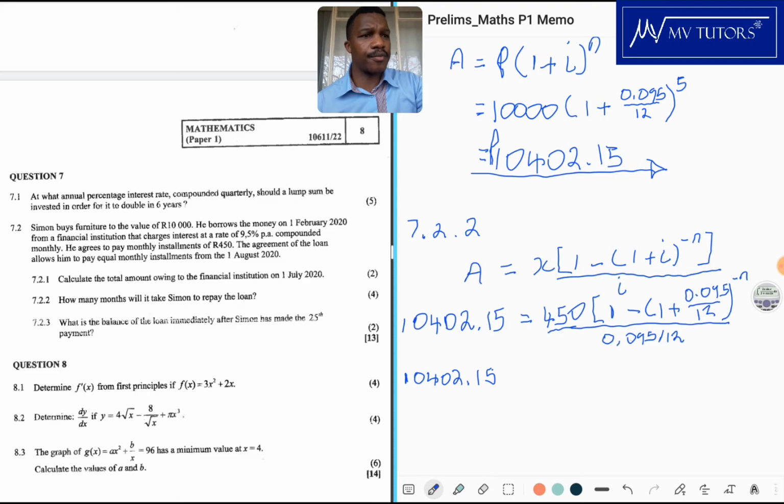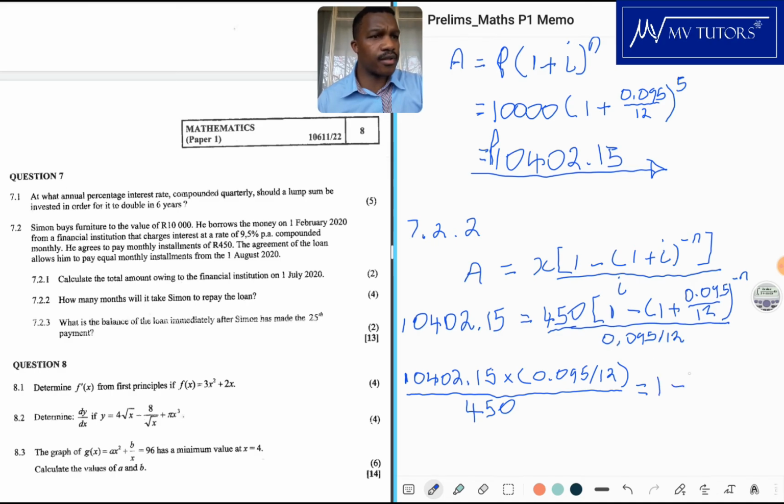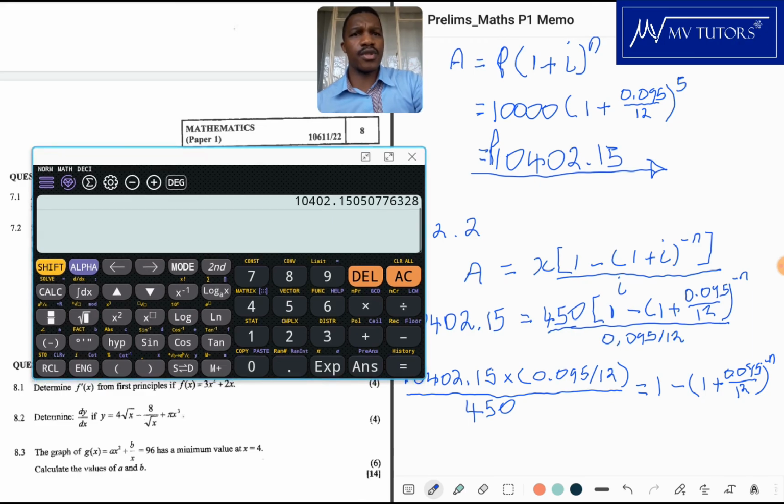We start with the fraction, so we'll multiply that with 0.095 divided by 12, and then divide this whole thing by 450, and that's going to be equal to 1 minus, we just got rid of the square bracket, 1 minus (1 plus 0.095 divided by 12) to the power minus n. That's what we want. We can simply take this one to the other side, but let's bring out a calculator at this point, before we get too deep.